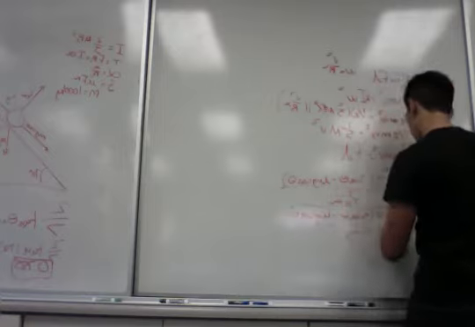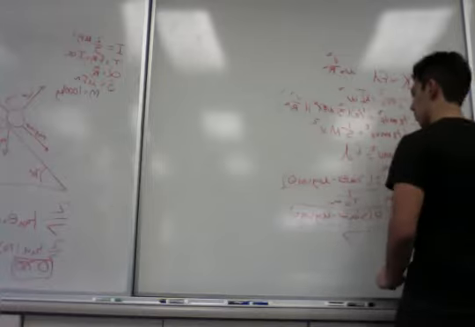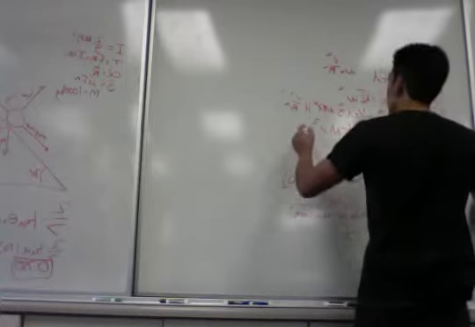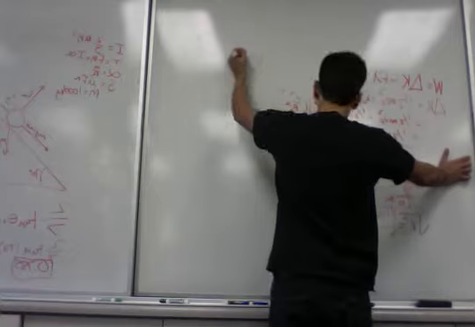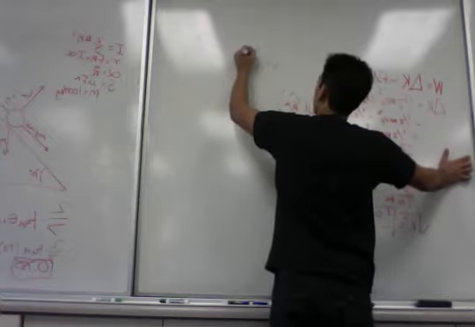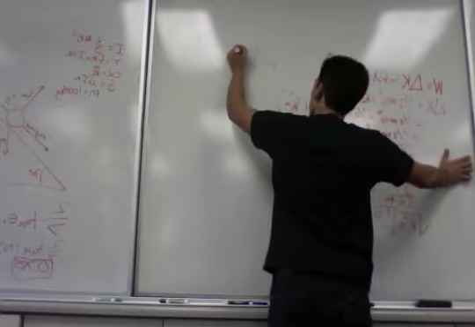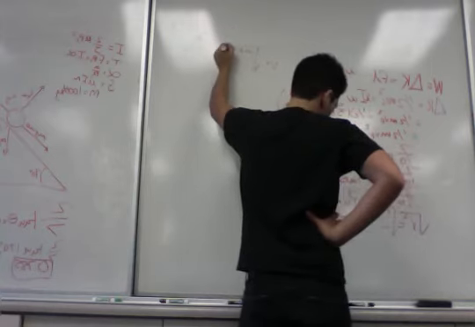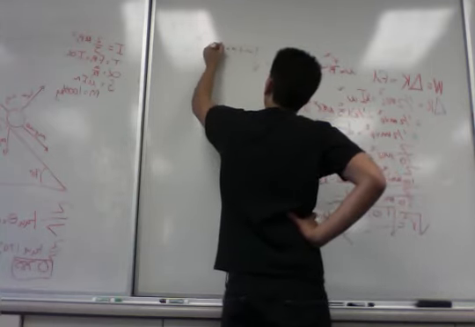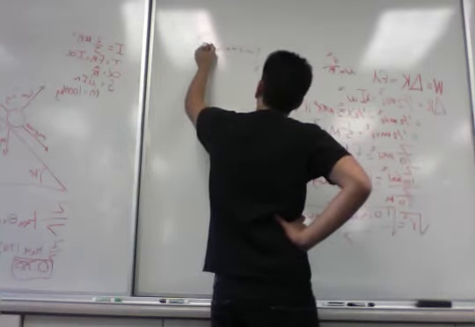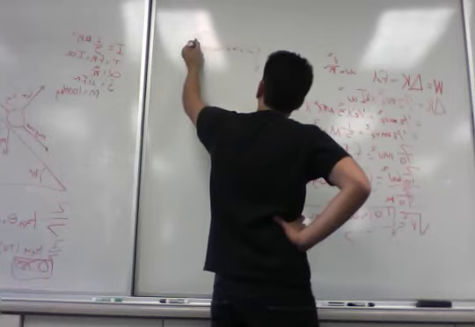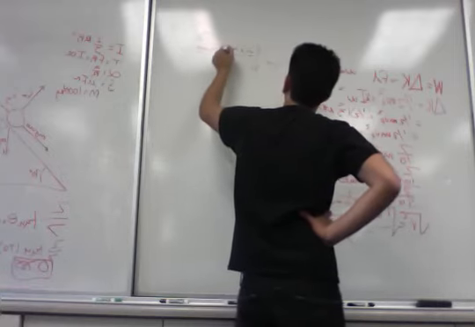Take the square root of that. v is going to be equal to the square root of 10 times g sine theta minus mu g cosine theta all over 7.